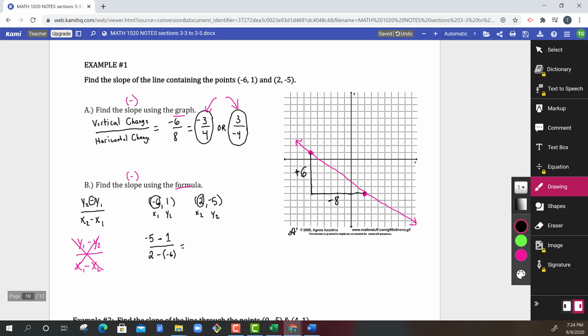So we've got a minus a -6, which we know, a double negative, just like in English, negates itself, and that becomes a +6. So -5 minus 1 is -6. 2 plus 6 is 8. And as you can see, the exact same fraction that we got using the graphing method.